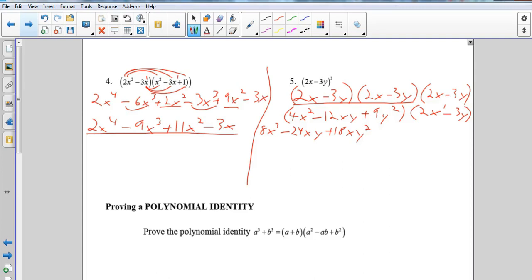Negative 3y times 4x squared is negative 12x squared y. Negative 3 times negative 12 is plus 36xy squared. And then I'm going to have negative 27y cubed.